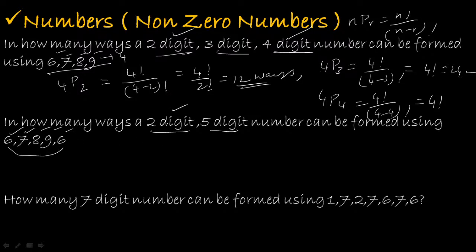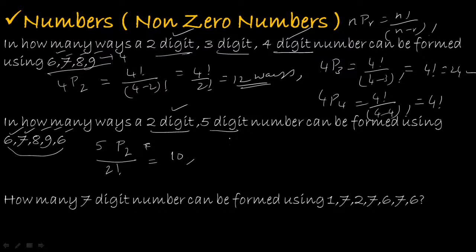The first question is, how many ways can we form a 2 digit number, that is out of 5. You have to calculate 5P2, and in the denominator you have 6 repeated 2 times, so you have to take it in the denominator. So 5P2 divided by 2 factorial, simplifying this you get 10.